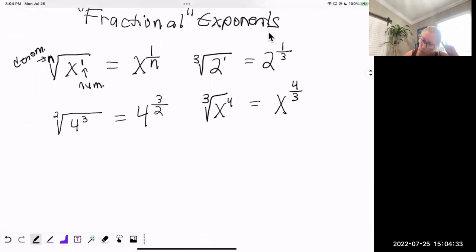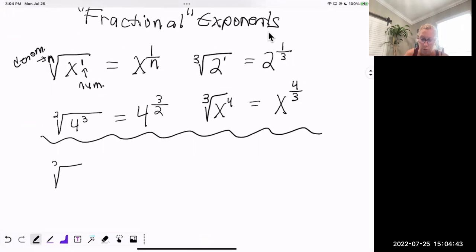Now, before I do anything else, hold on. I could write this one a different way too. There's also another way to write these, which I don't really like, but we'll talk about it. Cubed root of x to the 5th power. Now remember, this just means you're multiplying, right? So this is the same thing as saying that. They mean the same thing. X, my numerator is 5, my denominator is 3.